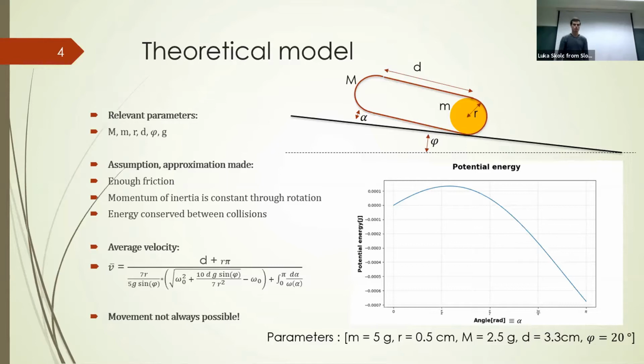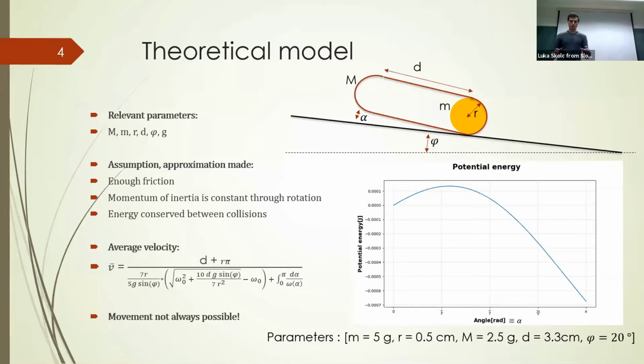And for approximations, we said that the moment of inertia is constant in rotation and that energy between collisions, so in the rotating and rolling part, is conserved. Here's the formula of this final average velocity, but I don't want to discuss it in depth now. It should be noted, however, that movement is not always possible.